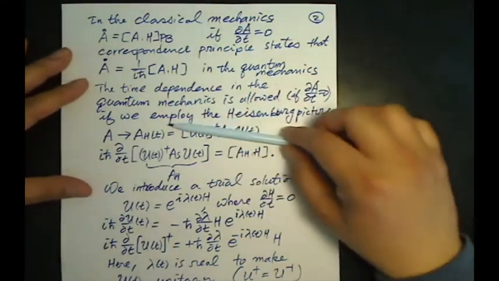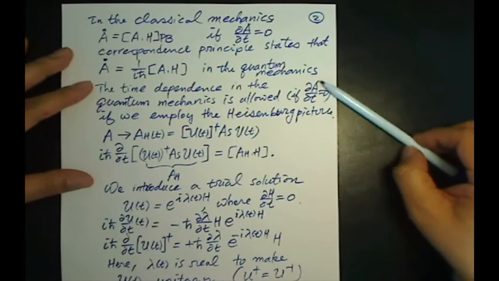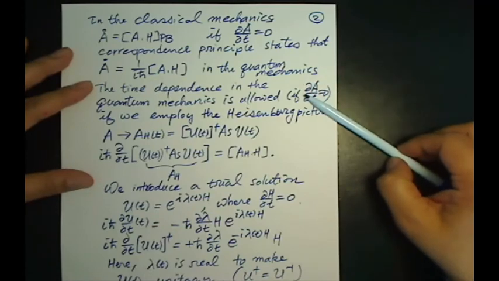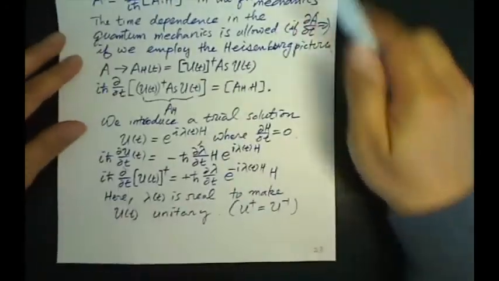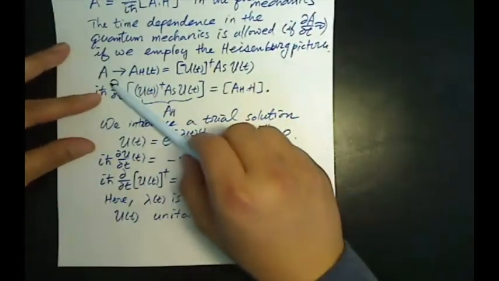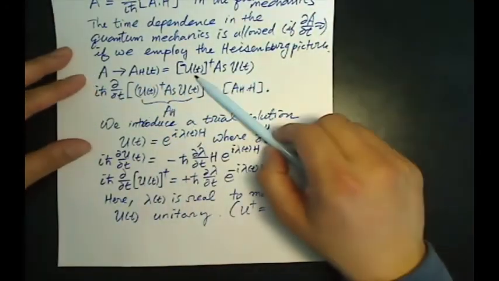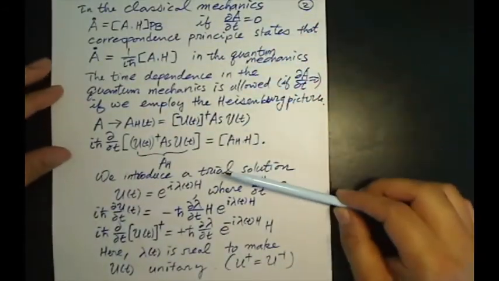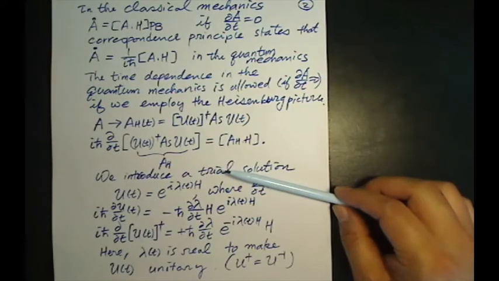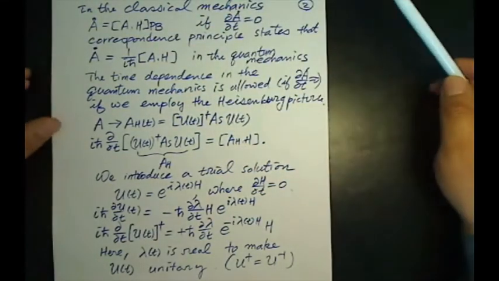Time dependence in quantum mechanics is allowed only if we introduce the Heisenberg picture. So the Heisenberg picture operator should be used to make a correspondence principle. If we make use of the Schrödinger picture operator, this does not work.